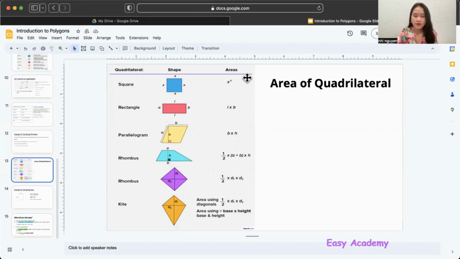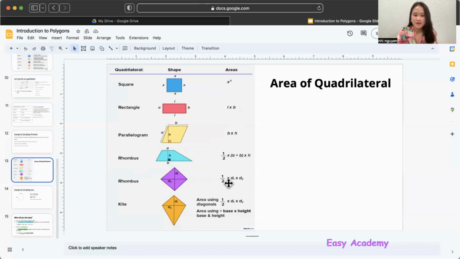For example, a square is x squared, which is side squared. A rectangle is length times width. A parallelogram is height times the base. A trapezoid is 1/2 times the sum of the two bases, times the height.